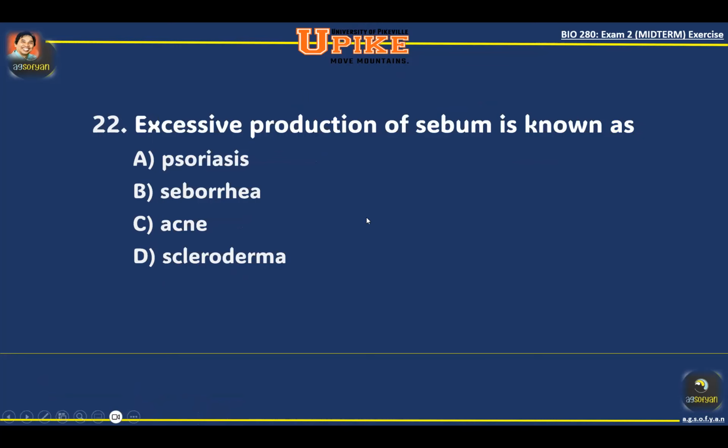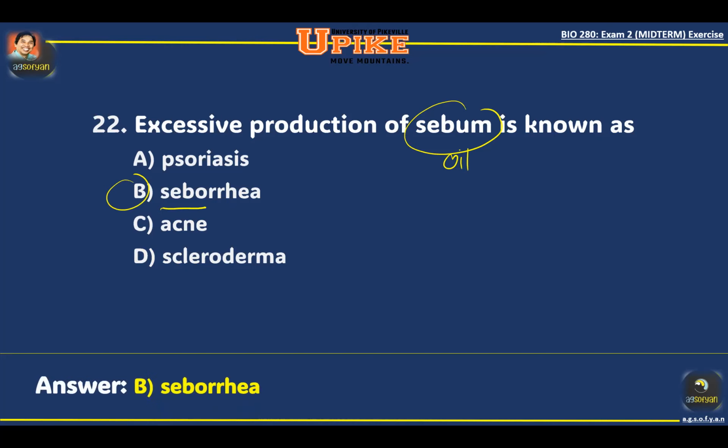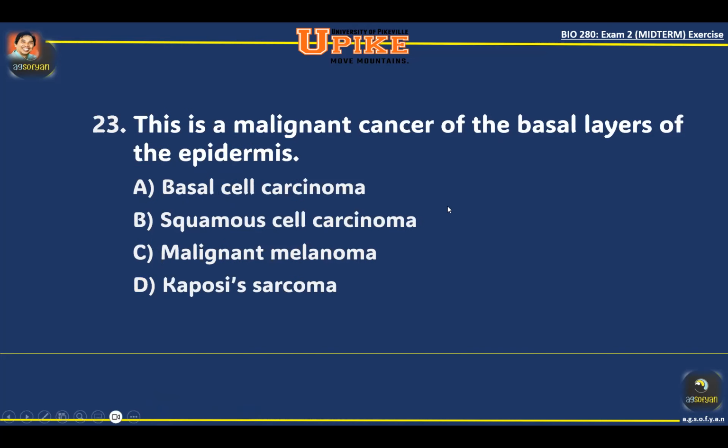Excessive production of sebum. Well, I think we already have this one, right? It's known as seborrhea. Sebum is oil, rhea means flow or production. So overproduction of oil from the oil gland is called seborrhea. This is a malignant cancer of the basal layers of the epidermis.